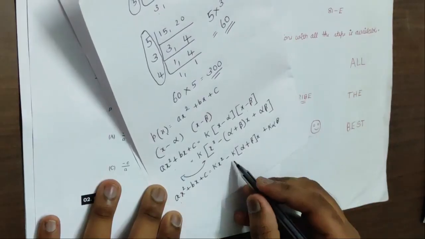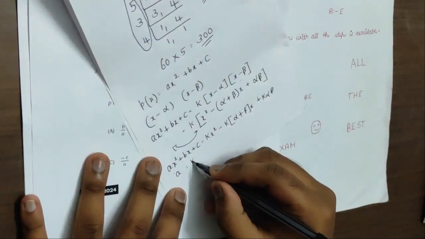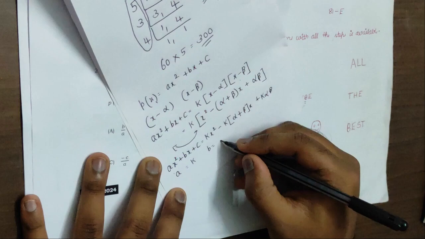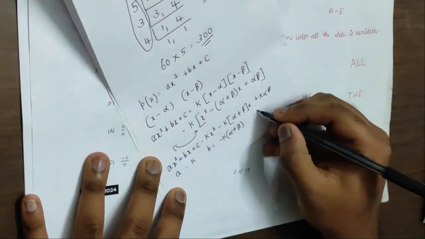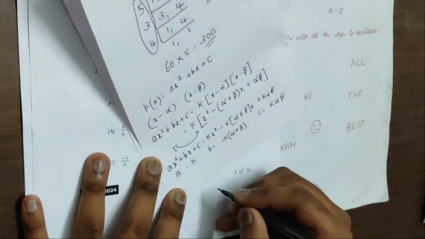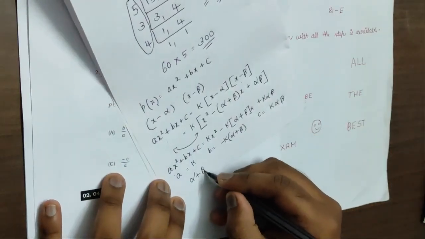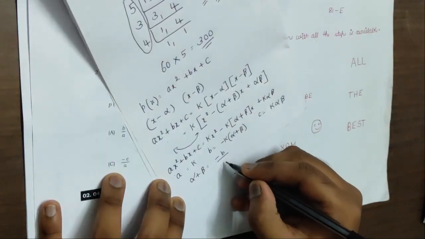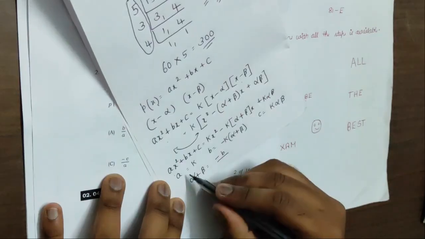If we compare both the sides, we obtain a equal to k, b is equal to minus k into alpha plus beta, c is equal to k into alpha beta. Now alpha plus beta is equal to minus b by k. Instead of k, we will write a, as k is equal to a.